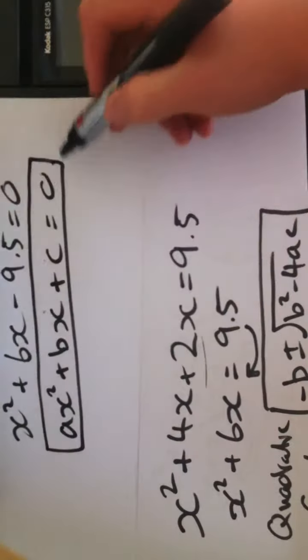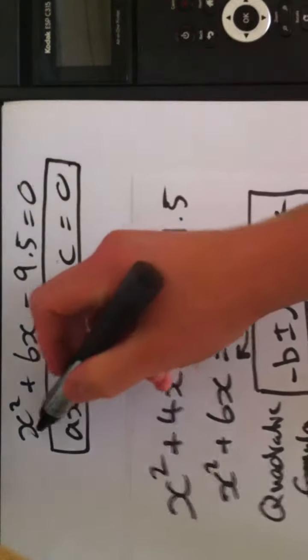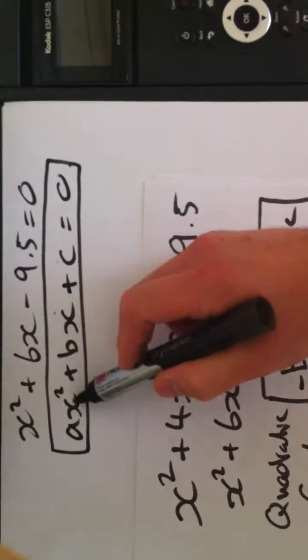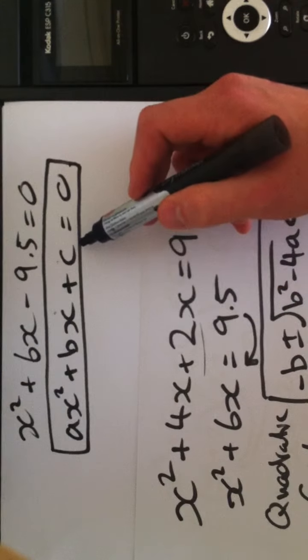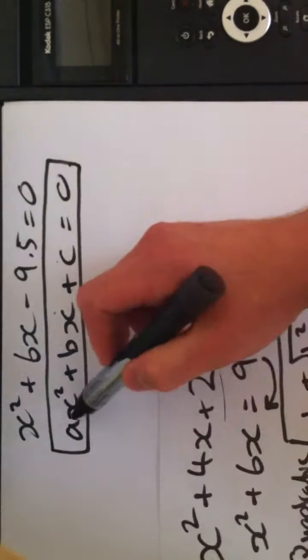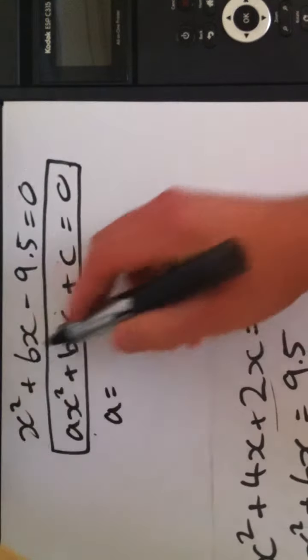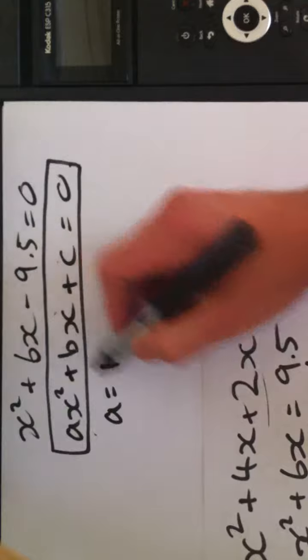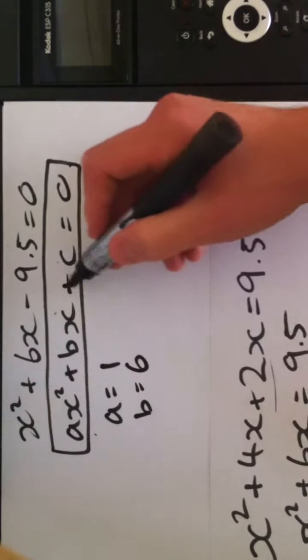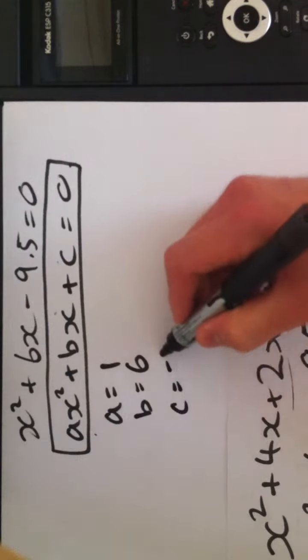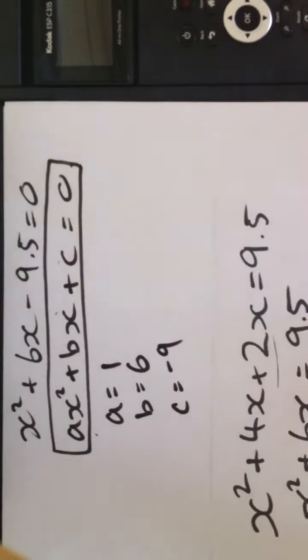That's the general layout of a quadratic equation. Here, our quadratic equation has an x squared, an x and a constant c. So what is a equal to? Well, here a is equal to 1, because that's 1x squared. b is equal to 6. c is equal to minus 9.